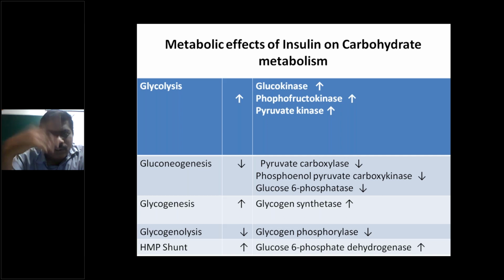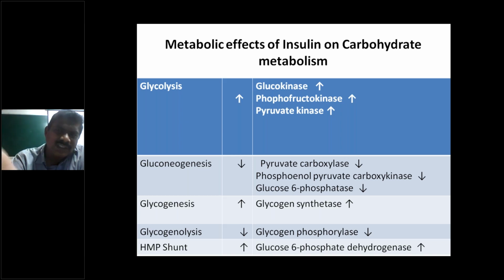In glycolysis, insulin increases the glucokinase enzyme level, the phosphofructokinase level, and the pyruvate kinase level. All these enzyme levels rise, and glycolysis is sped up under the influence of insulin.